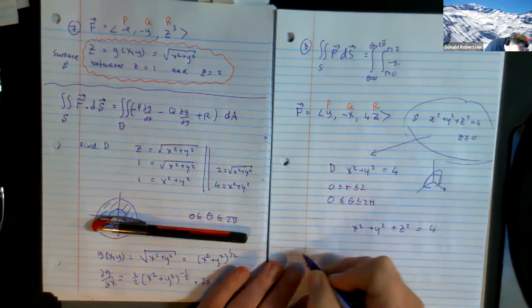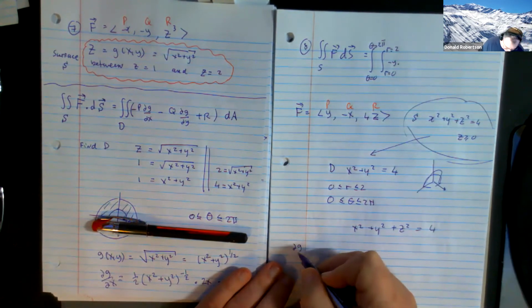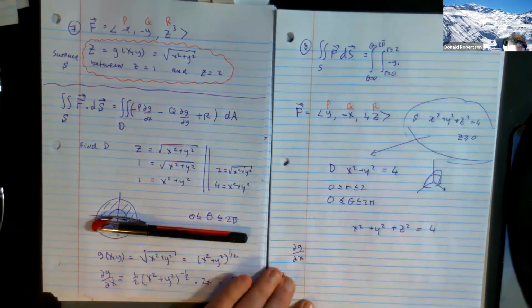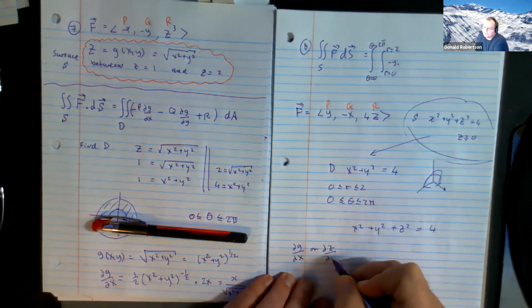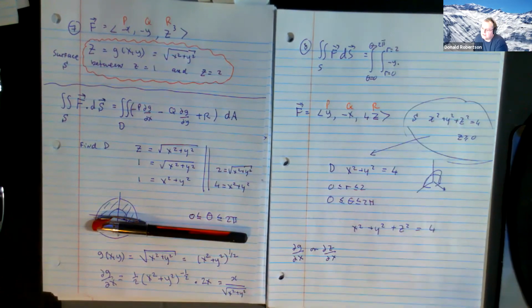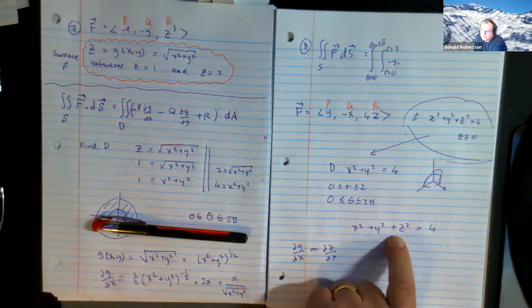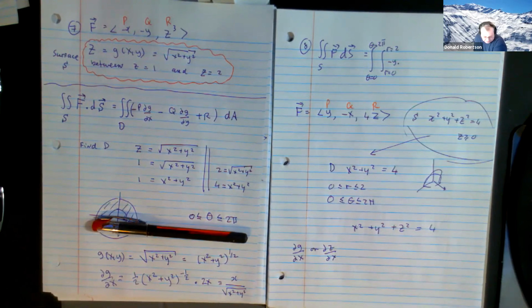When we try to find the partial derivative dg by dx, Z is just g, right? I could rearrange this and I would eventually get what we're looking for. And if I did, can you see it's going to be a really ugly square root?